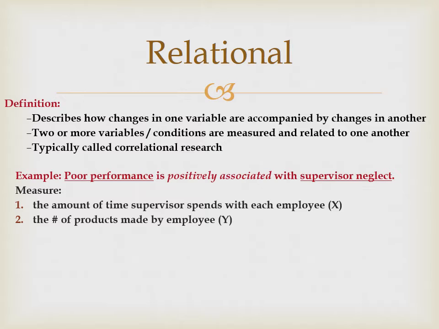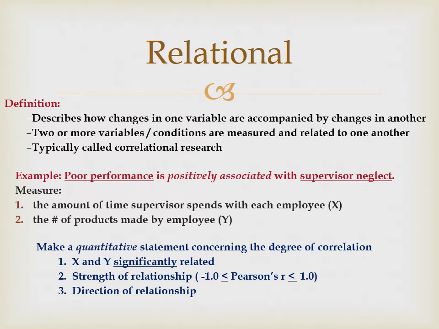And so if we looked at, as our X variable, the amount of time a supervisor spends with an employee, and the Y variable, the number of products made by the employee, we might find that as time decreases, the number of products decreases, or we might find that as time increases, the number of products completed or made increases.